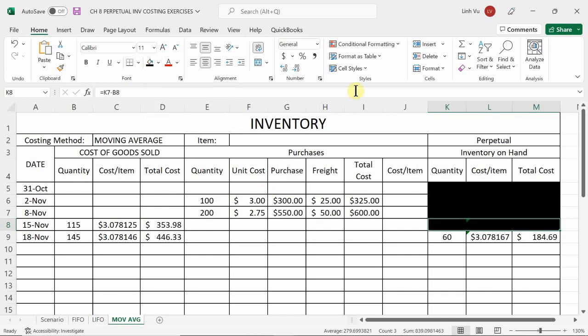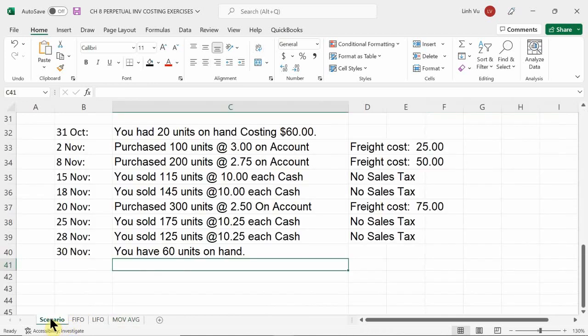Okay. All right. Let's see what's next. Then on November 20th, we end up purchasing 300 units at 250 with a freight of 75.